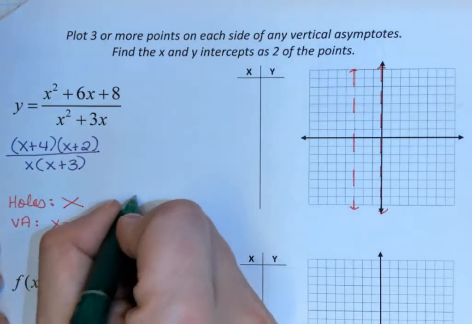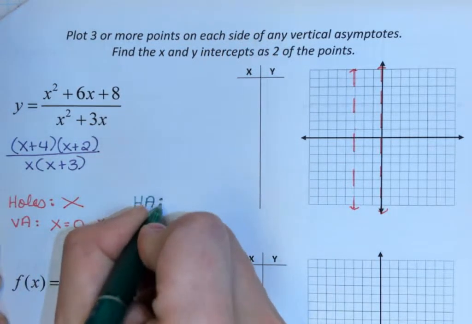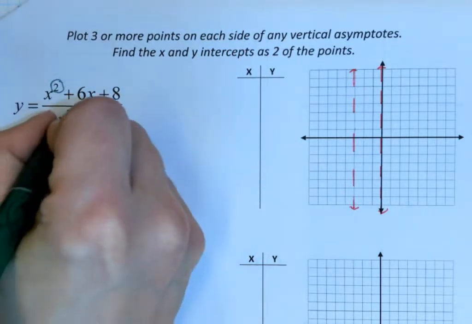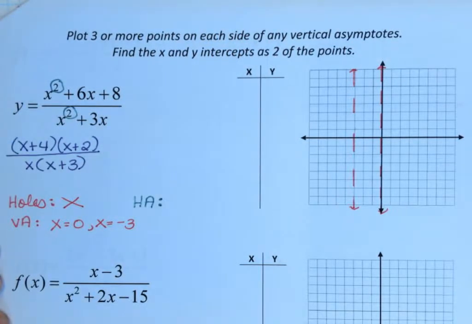Now let's think about horizontal asymptotes. What is the degree of the top? 2. What is the degree of the bottom? What is true about those two numbers? They're equal. So when they're equal, how do we find the horizontal asymptote? Yeah, you just look at the coefficients.